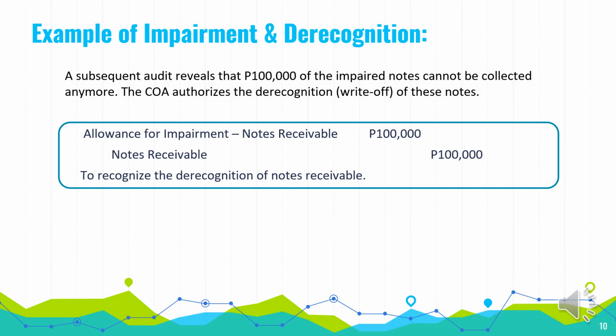A subsequent audit reveals that 100,000 of the impaired notes cannot be collected anymore. The COA authorizes the derecognition or write-off of these notes. So to recognize the derecognition of notes receivable, we have debit allowance for impairment - notes receivable amounting to 100,000 and credit notes receivable amounting to 100,000.